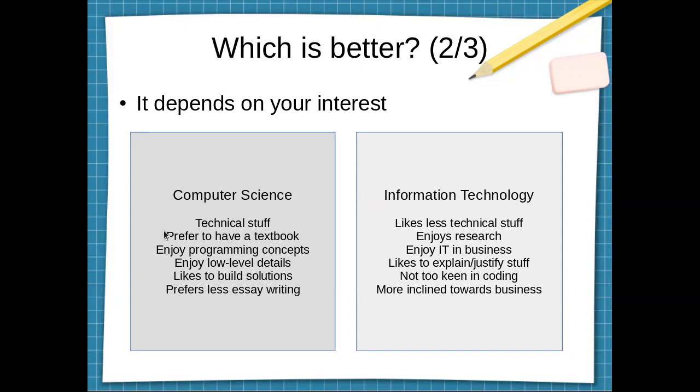Most of the time, you will find that the course book available can be used as a single reference, and you don't need to do too much reading outside that book. It basically covers most of the things that you would need to know for the syllabus. And then, of course, you have the programming part. You have quite a lot of programming and working with data structures. So if these are things that you like to do, then computer science is the better thing for you.